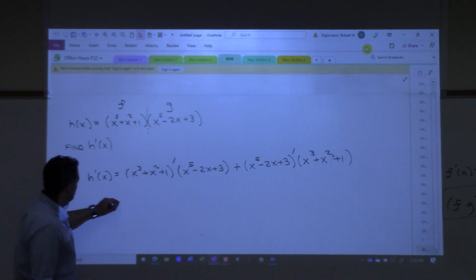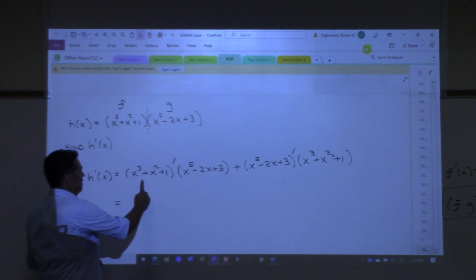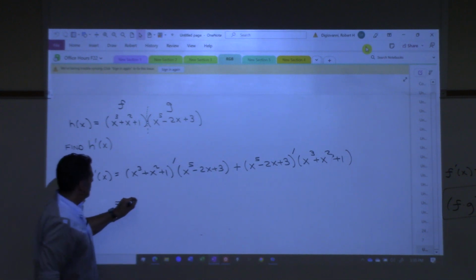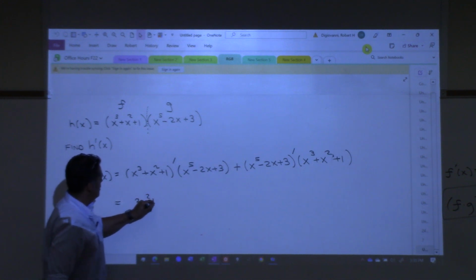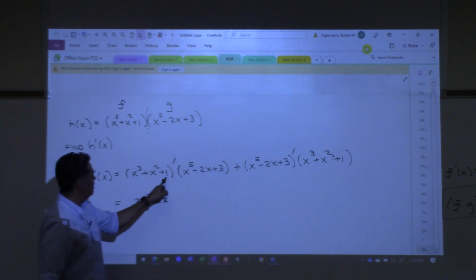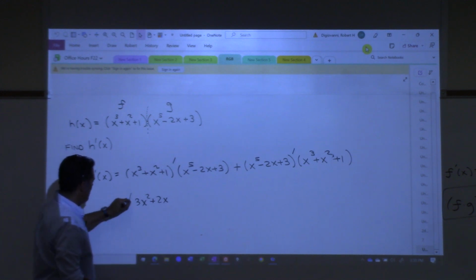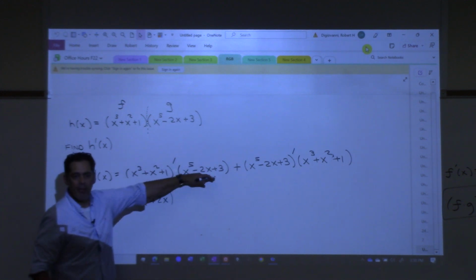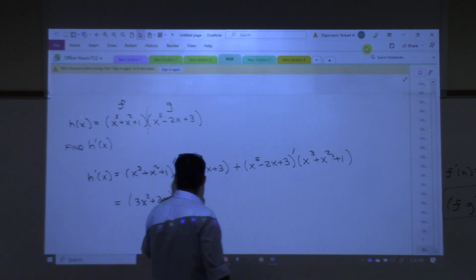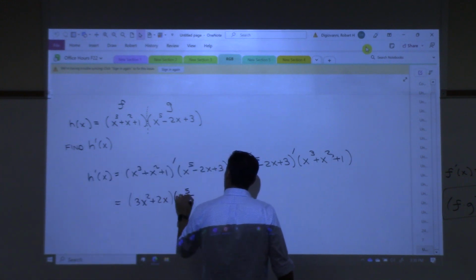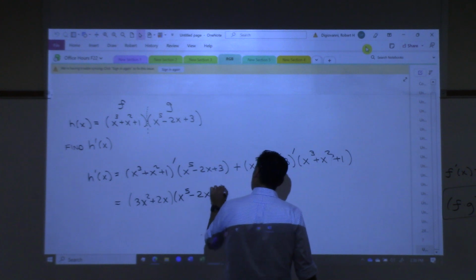So let's do it. The derivative of this should be 3x squared plus 2x. What's the derivative of 1? 0. Okay, how many terms do you see here? 2. So I need it in parentheses, and then I'm going to multiply times that. Now, I'm not going to actually multiply that out. I'm just going to write it down for right now.